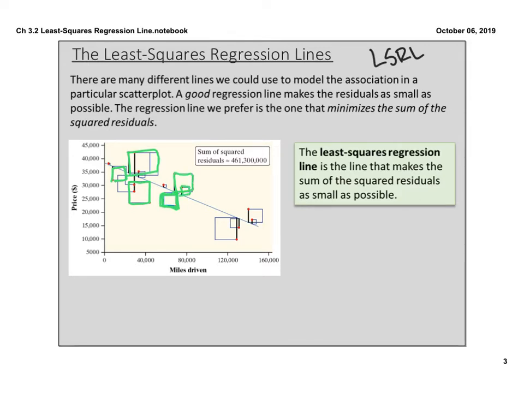Part of the reason that we square these residuals is because some of these residuals are negative. So it doesn't make sense to just add them up and find an average, because we'd be adding some negative values and we don't want to do that. We need to think of it in terms of distance. So we square the residual so that all of these things are positive. Okay, so it says the least squares regression line is the line that makes the sum of the squared residuals as small as possible.